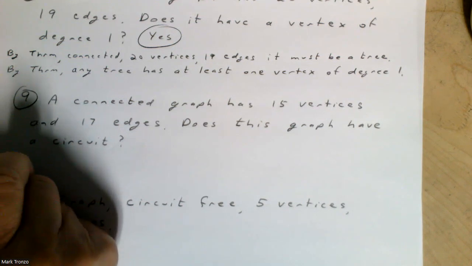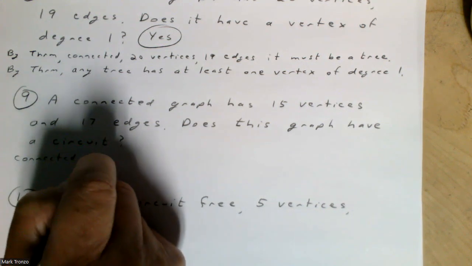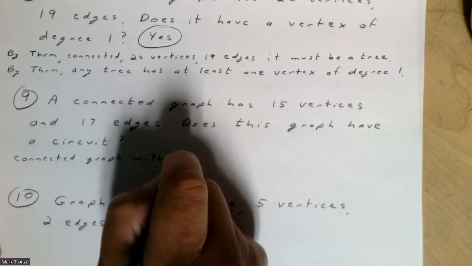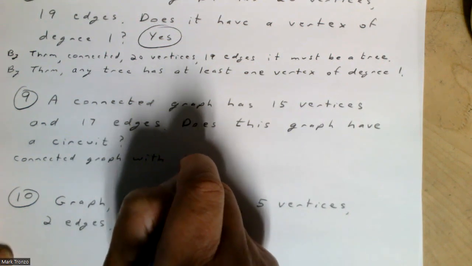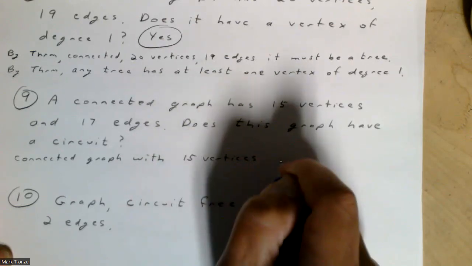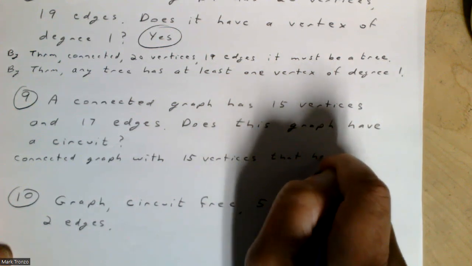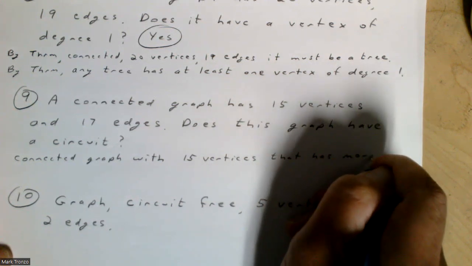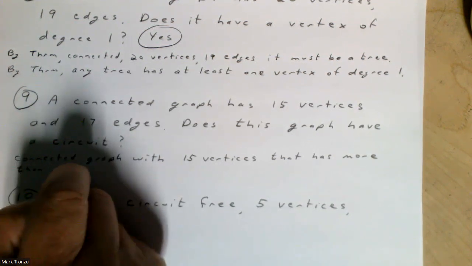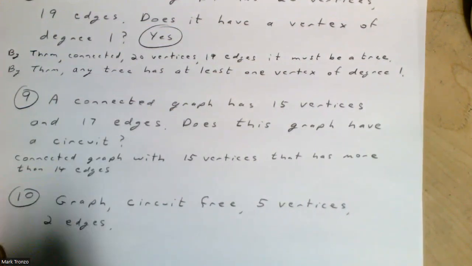A connected graph with 15 vertices that has more than 14 edges is going to have a circuit.